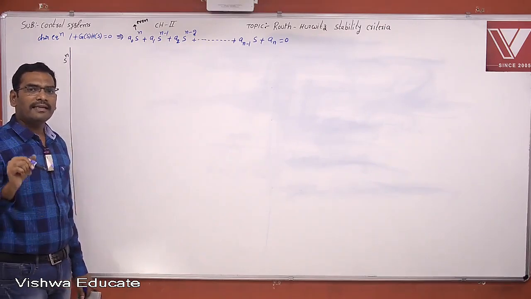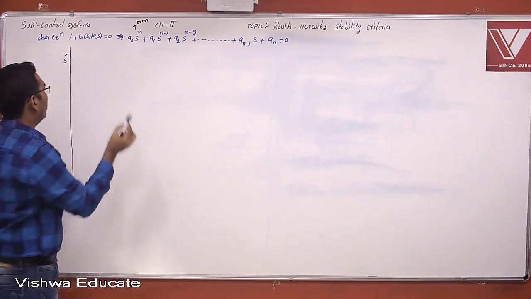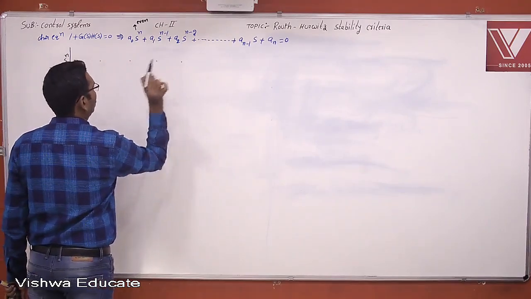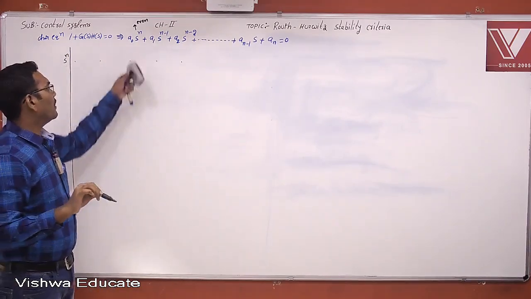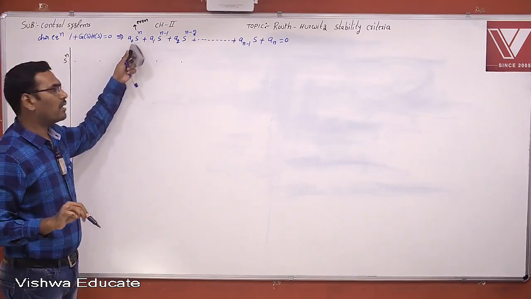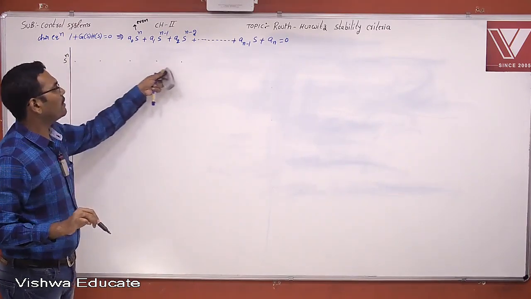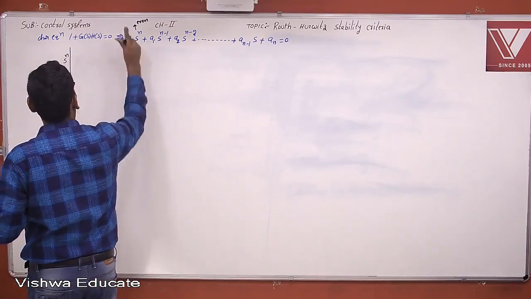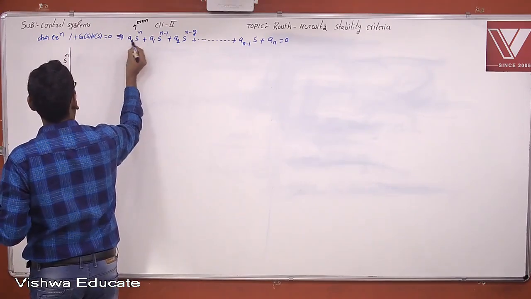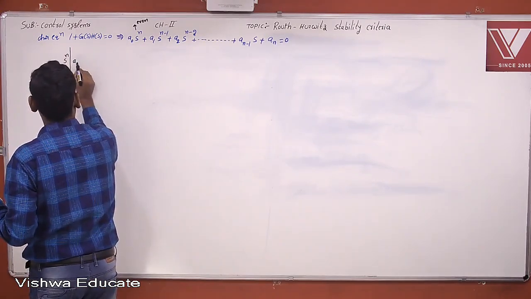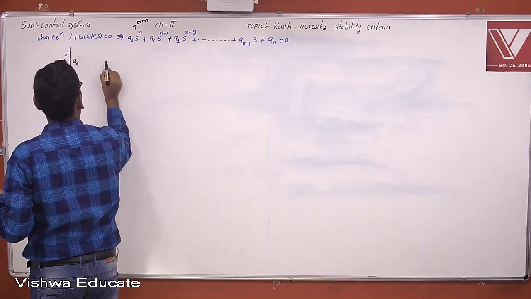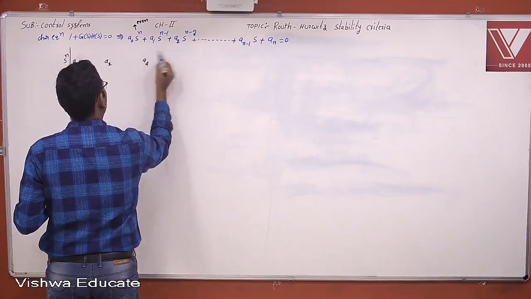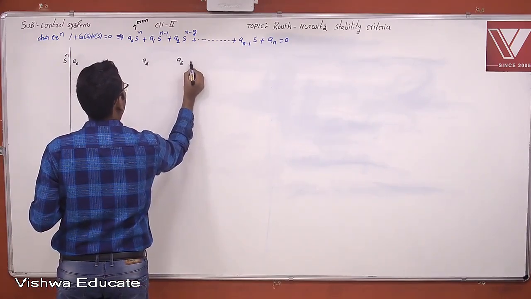If the highest power is an even power, write all the even powers in that particular row. If the highest power is an odd power, write all the odd powers in that particular row. Okay, so I am assuming this n is an even power, write all the even power coefficients: a0, next even power is a2, next a4, next a6, like that.